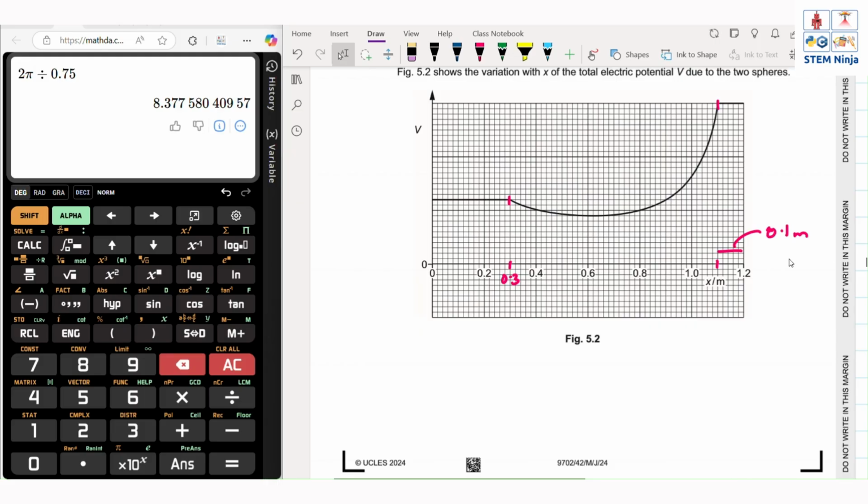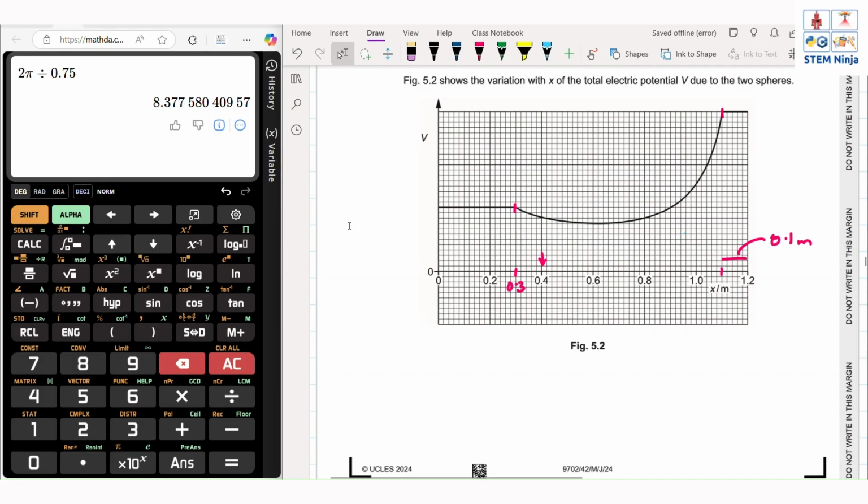Second thing was the magnitude of the charge. Now, to understand the comparison of the charges, you need to see how the graph of the net potential changes. So net potential over here is due to kQx over the distance from x, plus kQy over 1.2 minus the distance from the center of sphere x.